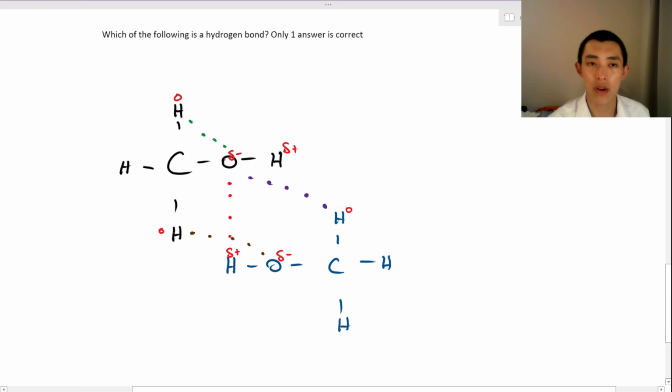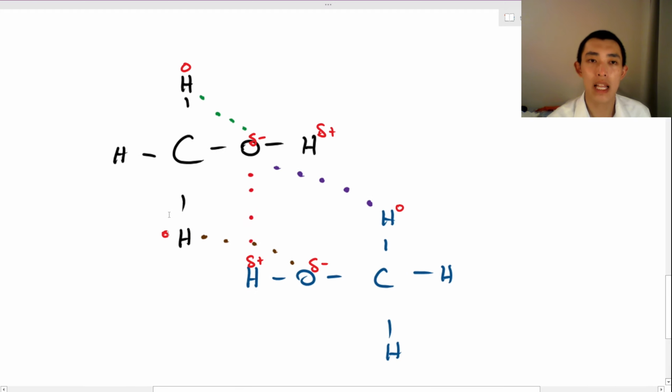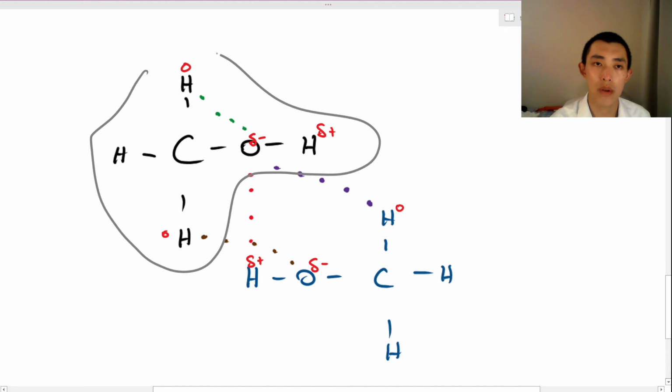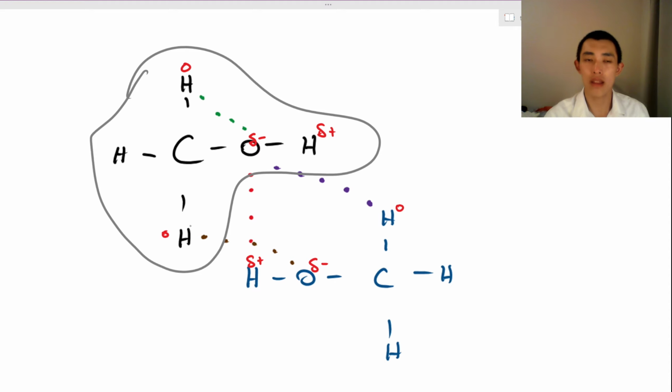Now we're ready to tackle this question. Let's start with this green one. The green one's going to be wrong for 2 reasons. First of all, if you have a look at this black molecule, that is the outline of the black molecule, the green force is intramolecular. Intra meaning within. Intramolecular. It is within the same molecule. That's definitely wrong.